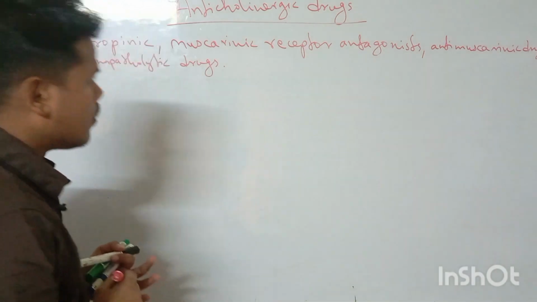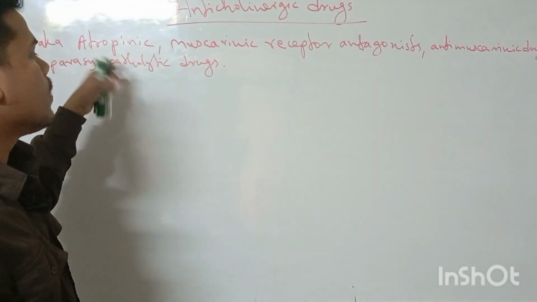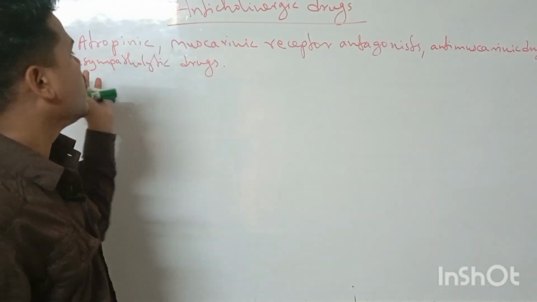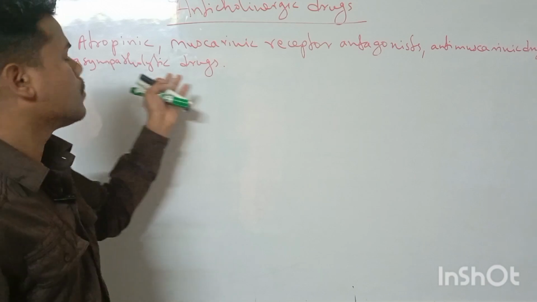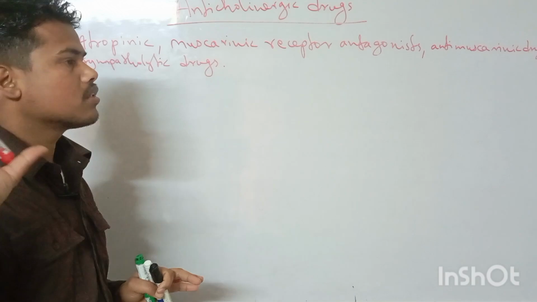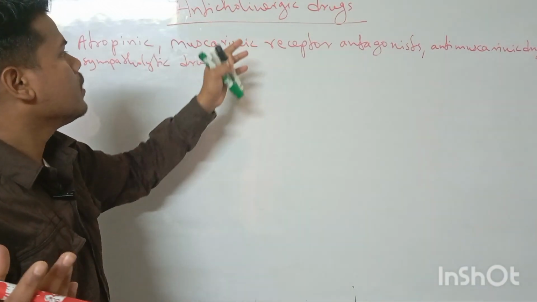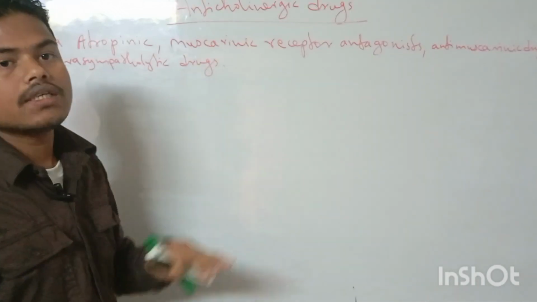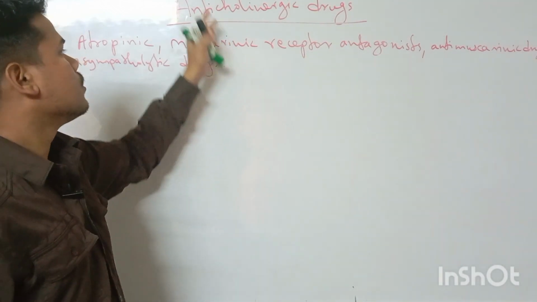So remember, sometimes in MCQs you might be asked which of the following is the atropinic drug, muscarinic receptor antagonist, anti-muscarinic drug or parasympatholytic drug, or in classification you may be asked to write a short note or short question like classify the atropinic drugs.